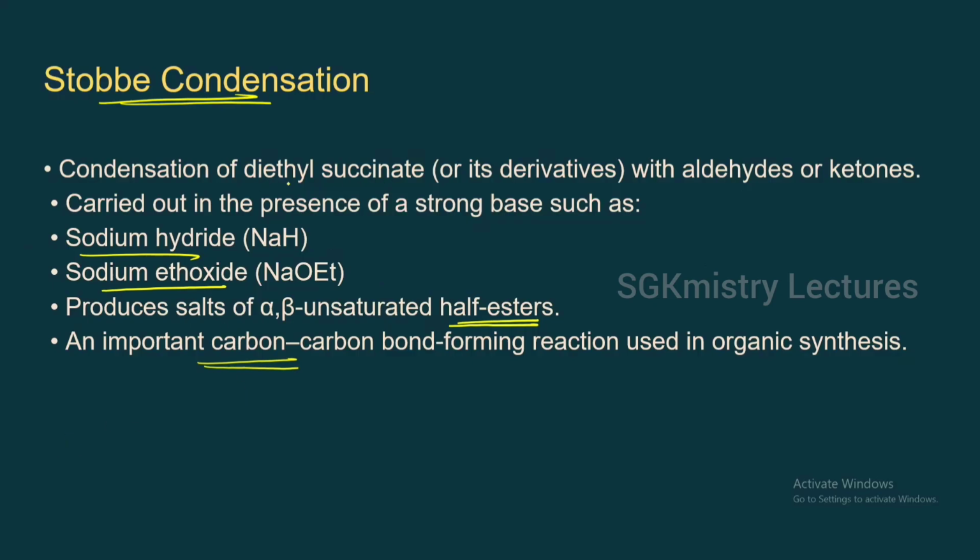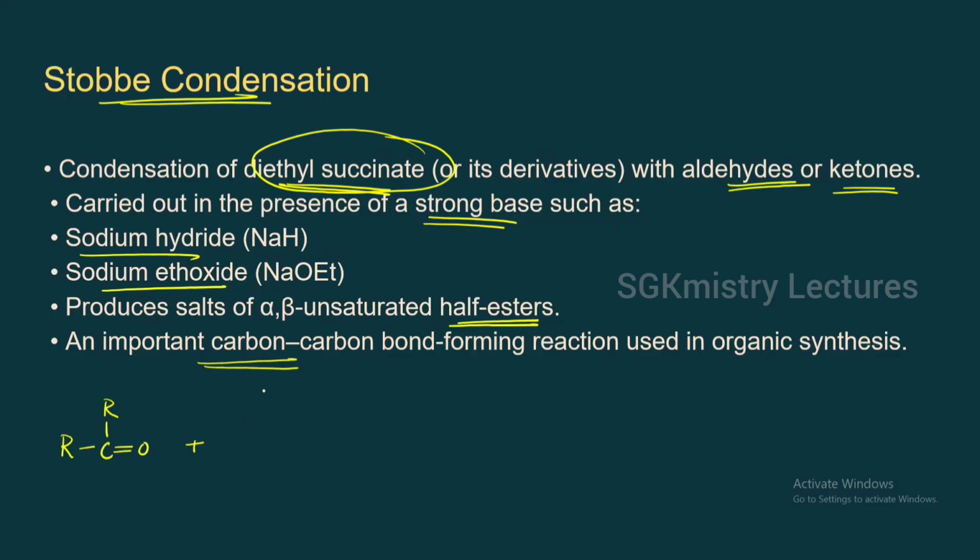So here you're going to take dialkyl succinate. Let us take diethyl succinate, or in general I can take dialkyl succinate. The reaction of this or its derivatives with aldehydes or ketones, and again, a strong base is required. So keeping these things in mind, let us try to write the equation. Let me take a ketone.